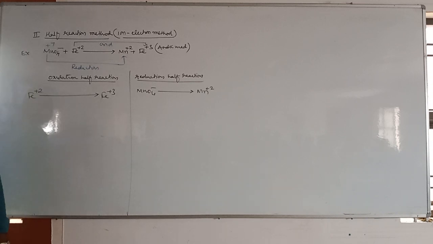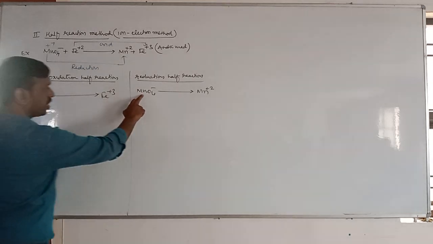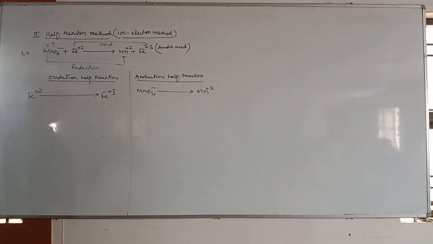Balance the elements other than hydrogen and oxygen. Here one iron is balanced, one manganese is balanced. Next, among hydrogen and oxygen, which is balanced first? You must balance only oxygen first, by adding water molecules.